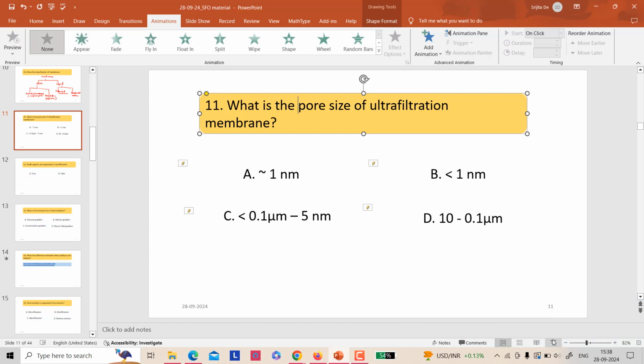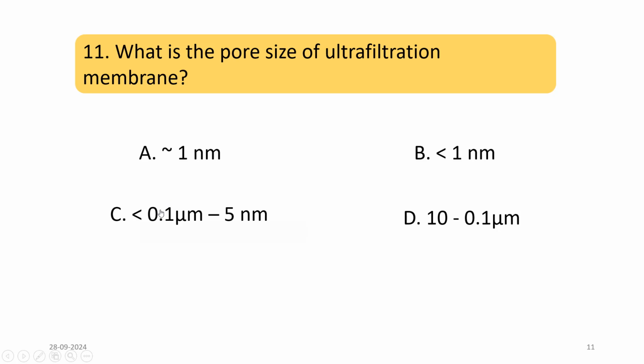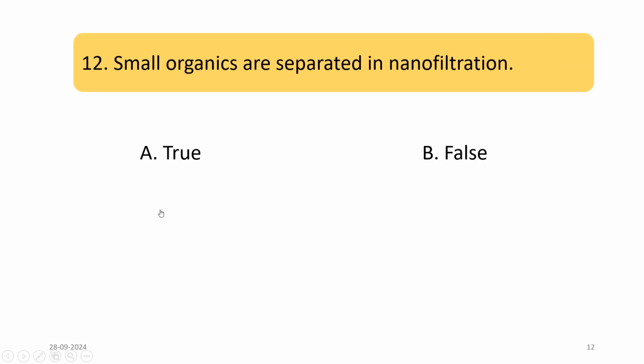Next, small organics are separated in nanofiltration. Is it true? This is false. Small organics are separated through reverse osmosis, right?